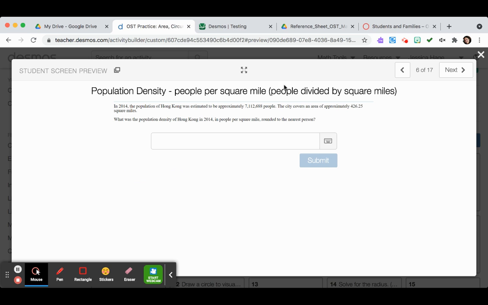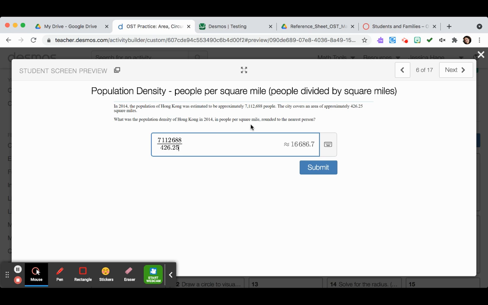Population density, you're just going to do people divided by square miles. So we're going to do 7,112,688 divided by 426.25 square miles. And believe it or not, this may be a question on your state test.